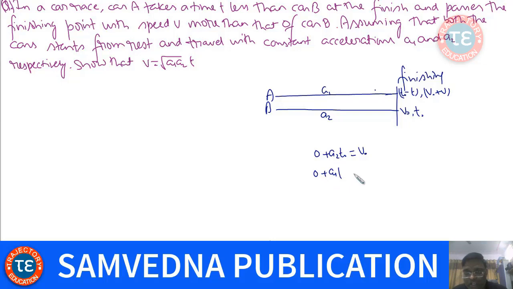So I can say 0 plus a1 into t naught minus t is v naught plus v. During this, the distance traveled by them is same, 1 by 2 a1 into t naught minus t square is same as 1 by 2 a2 t naught square.